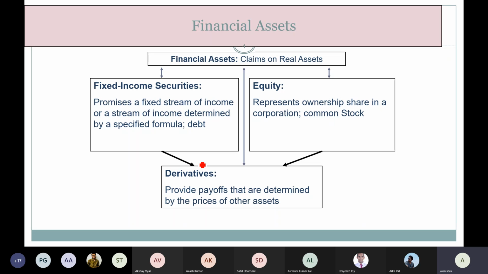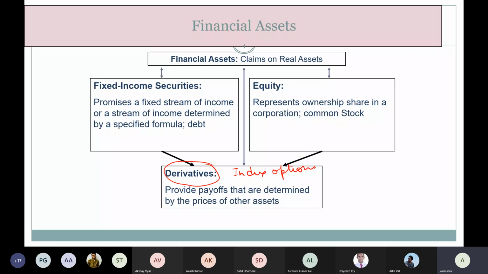So your derivatives are derived products. For example, index options and futures, and stock options are also there. Stock options are basically equity based products.